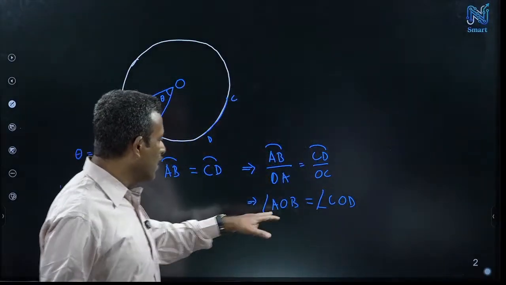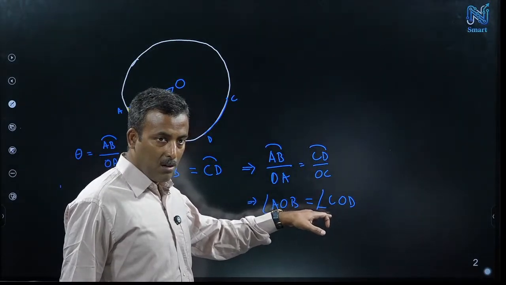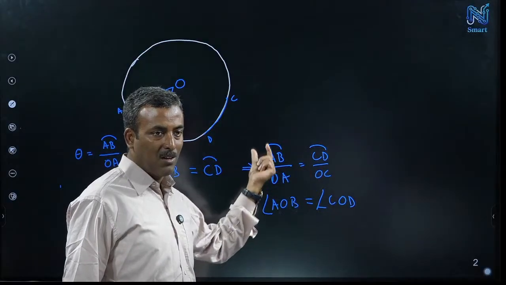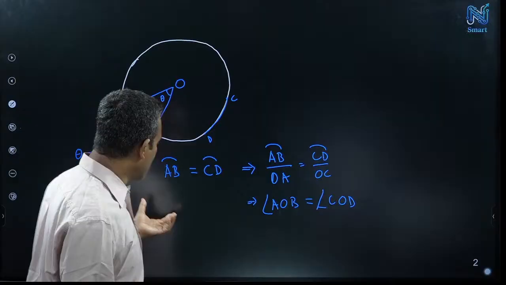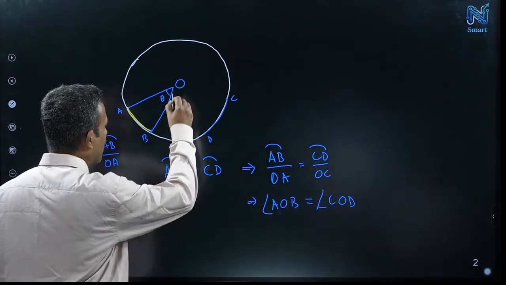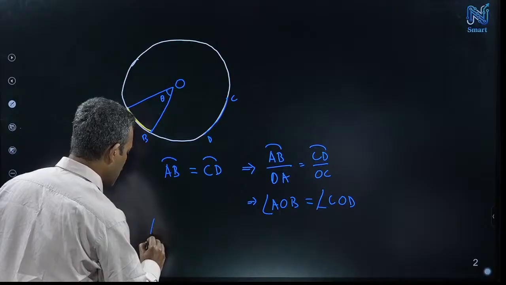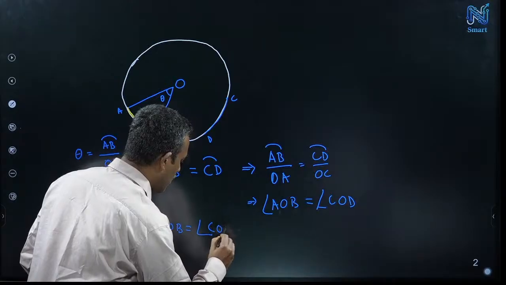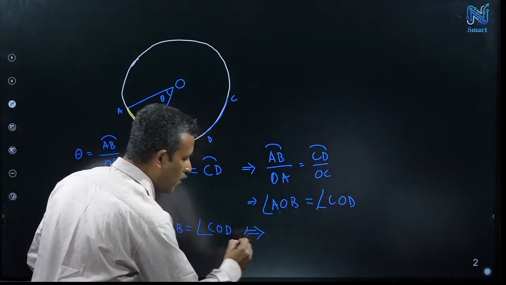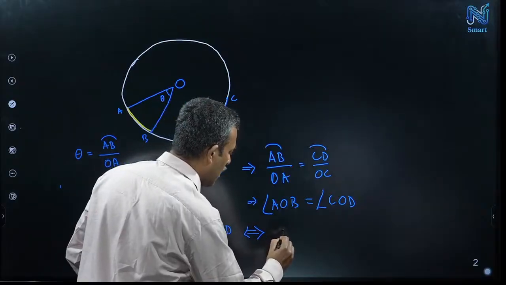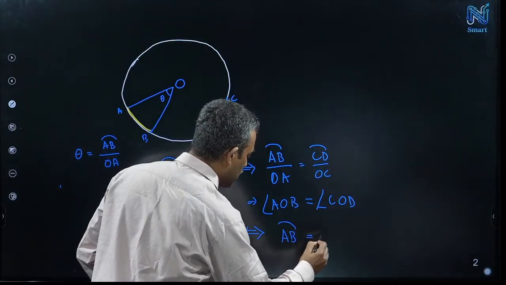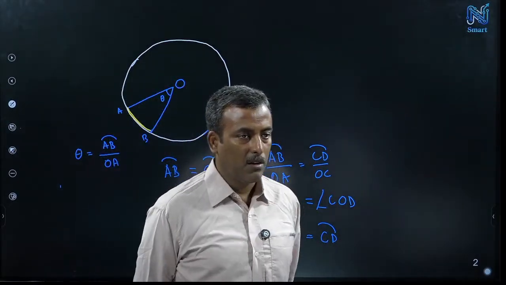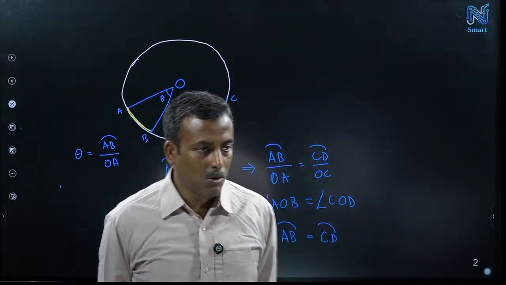Similarly, if the angles are equal, then the ratio is equal by definition, and the denominator is equal, so the numerator is also equal. That means if the arc length is equal, then angle AOB is equal to angle COD. Both sides implying each other is called if and only if. This implies arc length AB is equal to arc length CD, and if arc length CD is equal to arc length AB, then angle AOB is equal to angle COD.